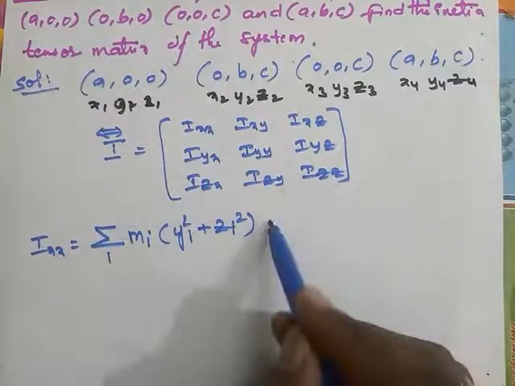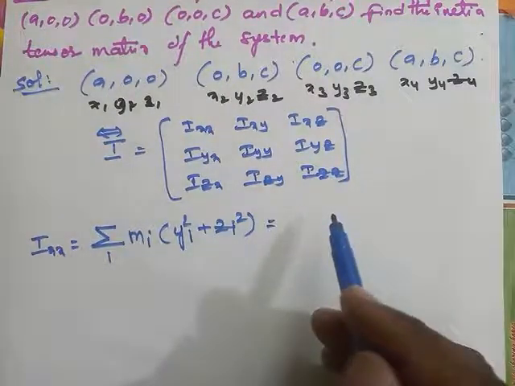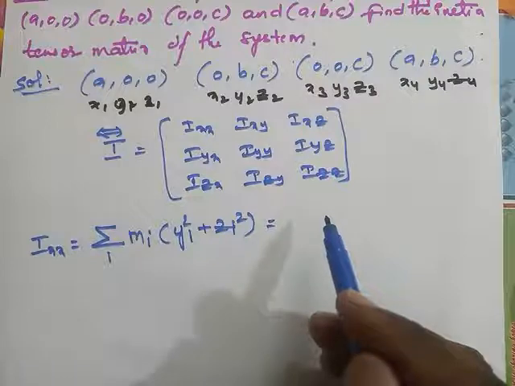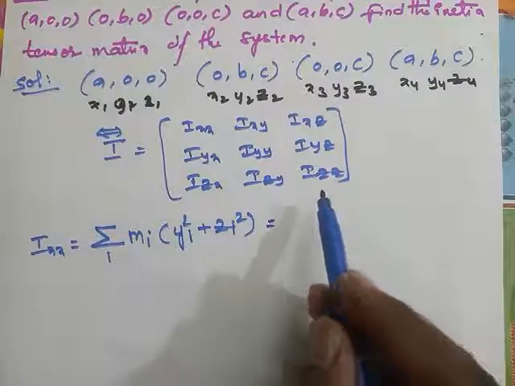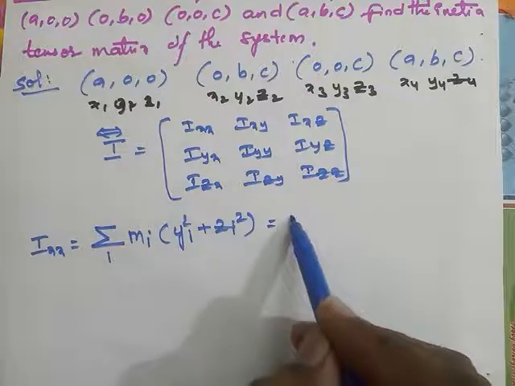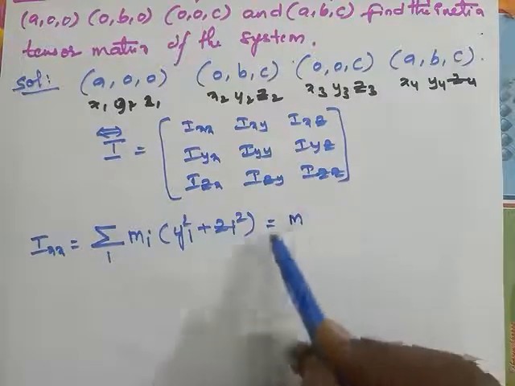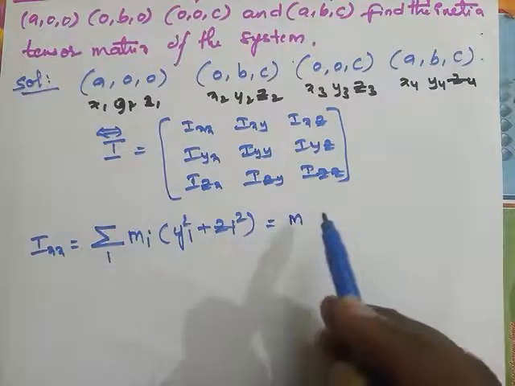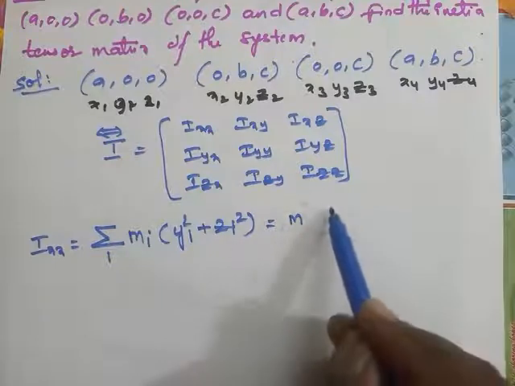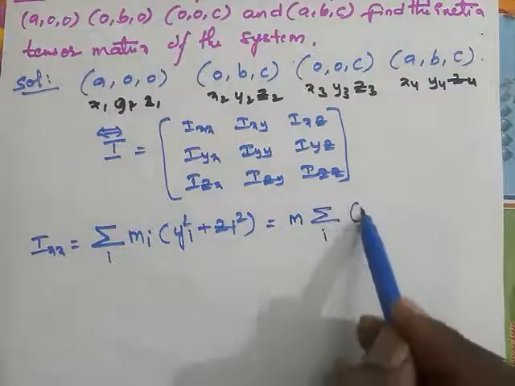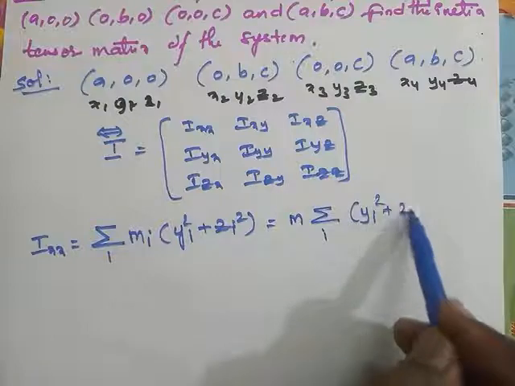So in that case, all the masses are the same, that is equal to small m. Write m outside, and expand this function. So we have 4 points, right? So that means you write here summation i yi square plus zi square.